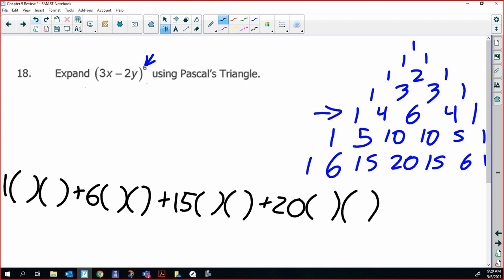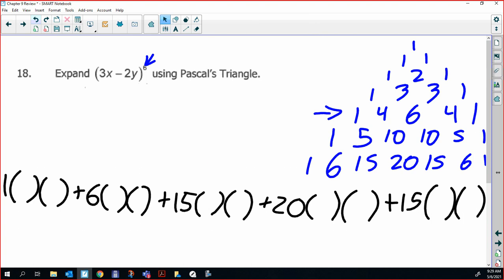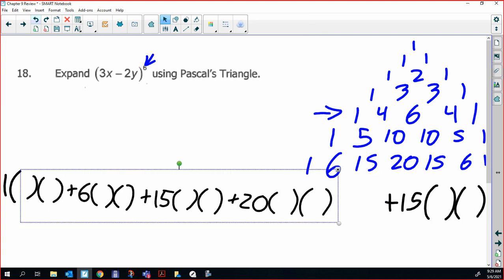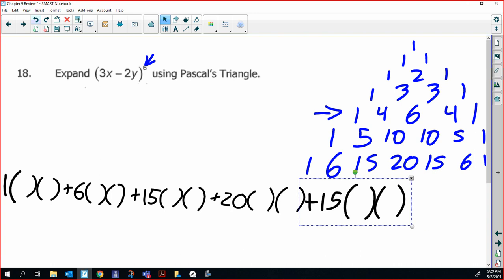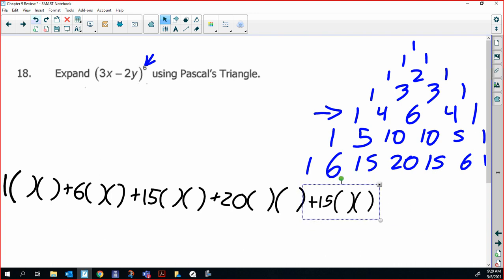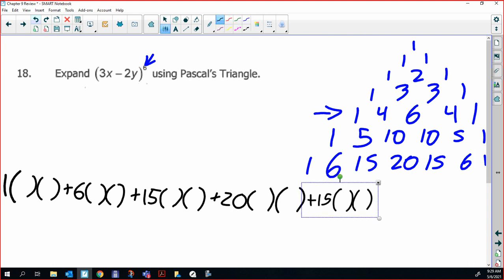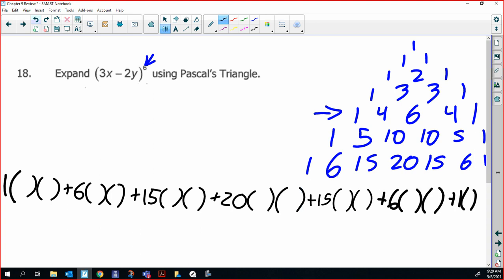I'm writing too big. And then 6, and then 1.